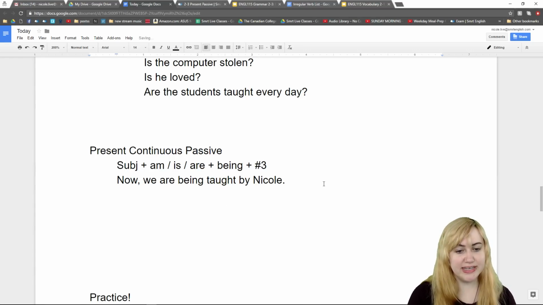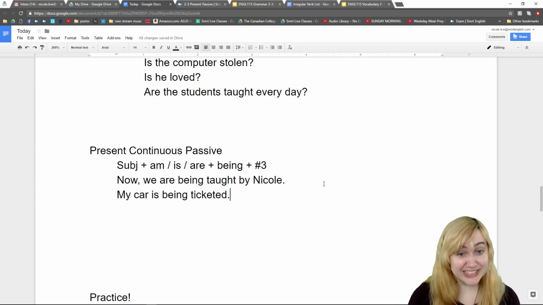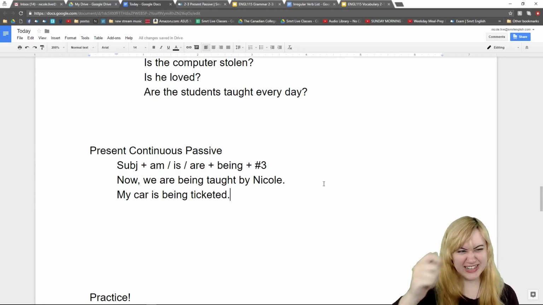I'll put a couple more examples here. We have, for example, my car is being ticketed. So this means that the police probably are writing a ticket for my car.